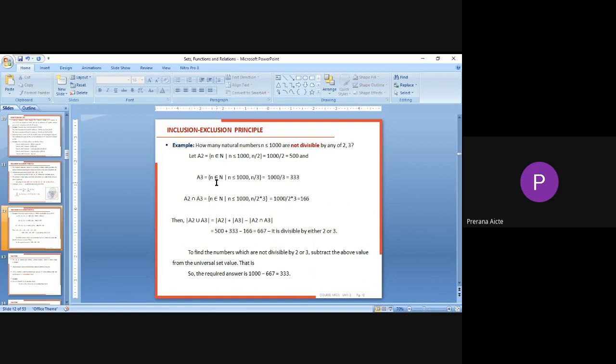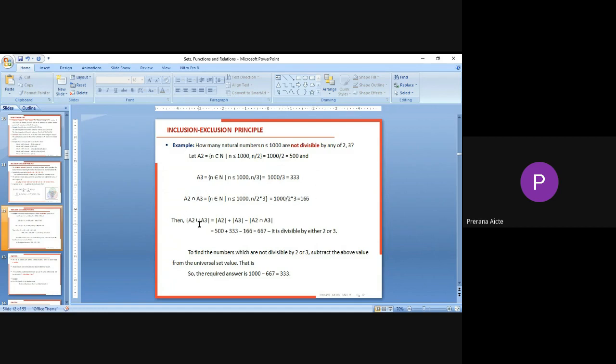Similarly, A3, less than or equal to 1000, is 1000 divided by 3, which is 333. A2 intersection A3 means the numbers divisible by 2 and 3, not 2 or 3, 2 and 3. So 1000 divided by 2 into 3, which is equal to 166.